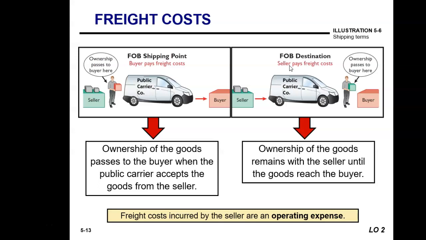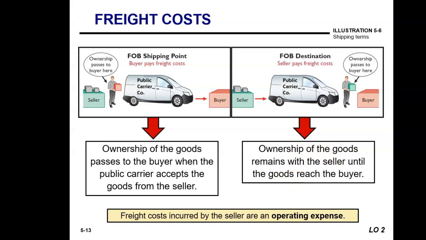Now, why is that important? Because if the buyer pays the freight cost, ownership of the goods passes to the buyer when the public carrier accepts the goods from the seller. Whereas if the seller pays the freight cost, ownership of the goods remains with the seller until they reach the actual buyer.